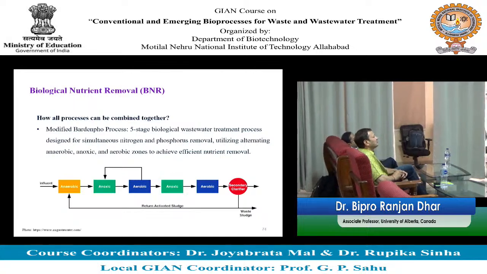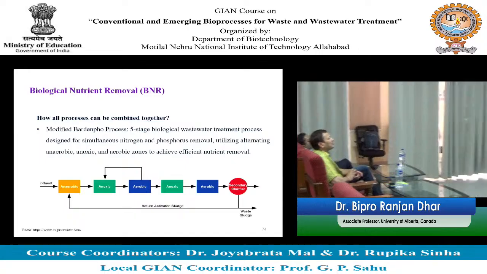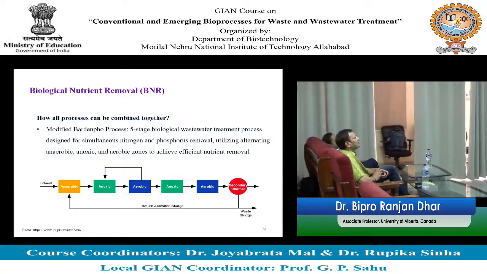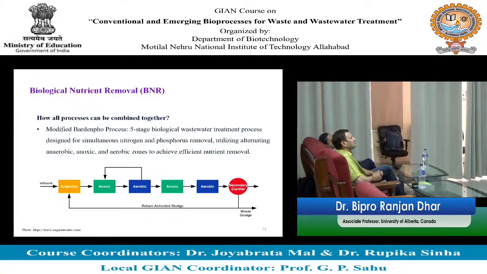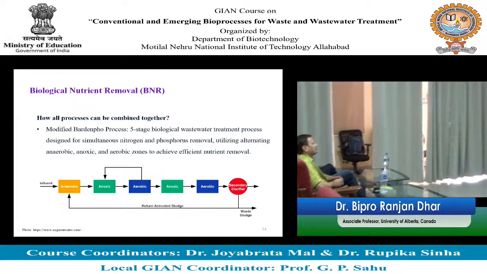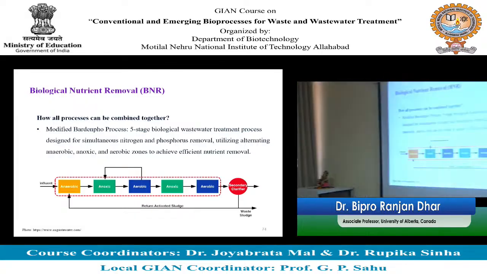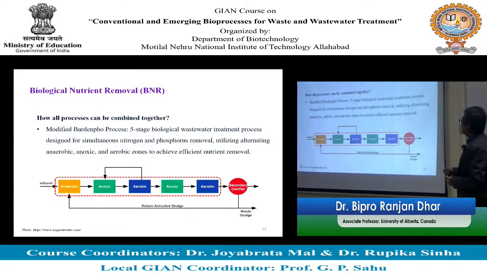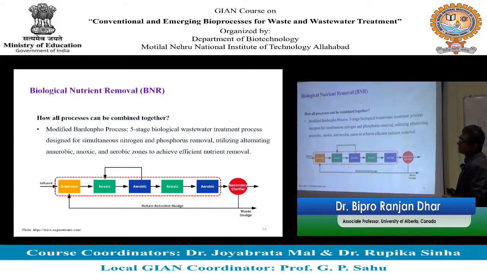You have 5 different stages in a single tank. It allows simultaneous nitrogen and phosphorus removal along with carbon removal. In one single tank, we have anaerobic, anoxic and aerobic zones.